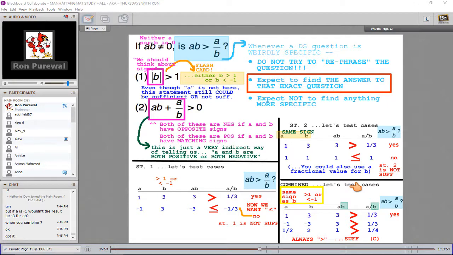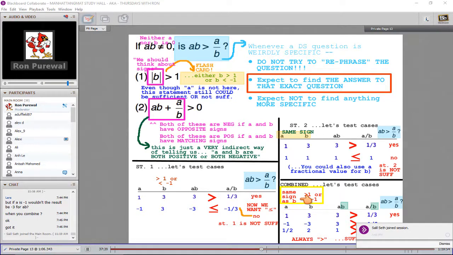Basically, the rule is if you have to remember anything while doing anything else, you need to write down more stuff. So if you had to remember that B was in this range, or if you had to remember that A and B had the same sign, it means you should have written it down. Do not make yourself remember stuff. That's a very, very, very big deal.